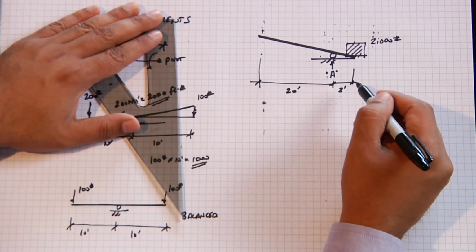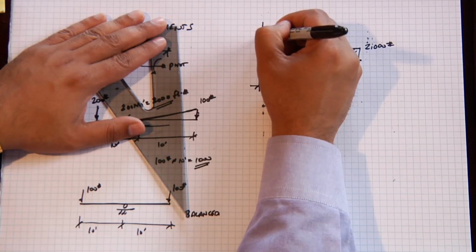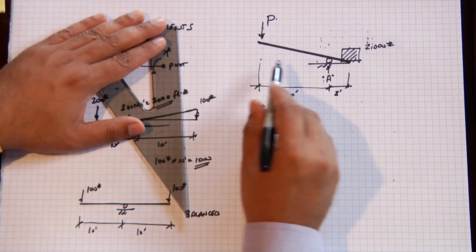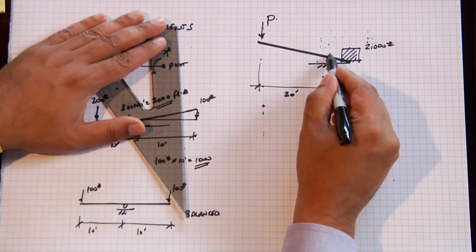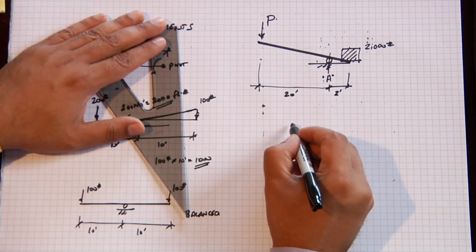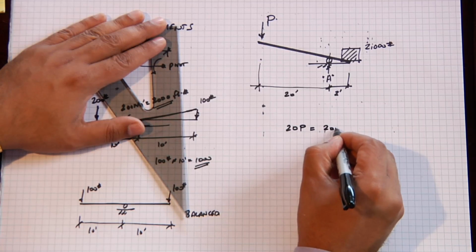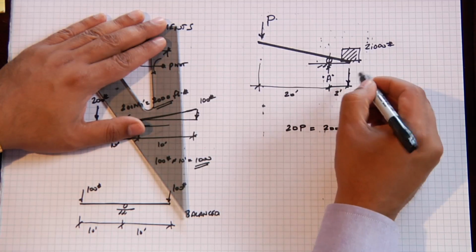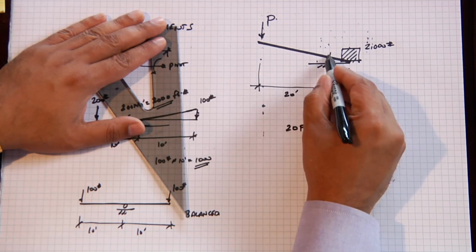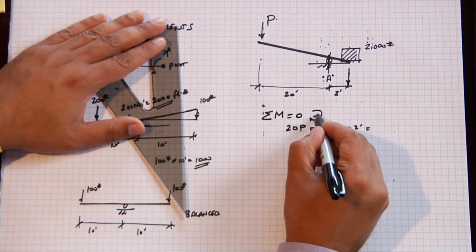Here's where you can see the concept of bending moment, or what we call leverage, becomes very important. If I apply a load over here, because of the distance between here and the pivot point, and I sum the moments about point A, my moment is 20 times P, which is equal to 2,000 times 2. This is the moment applied from the weight, summing it about point A, the sum of the moments equal to 0.